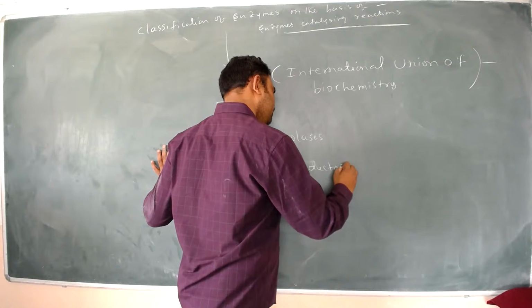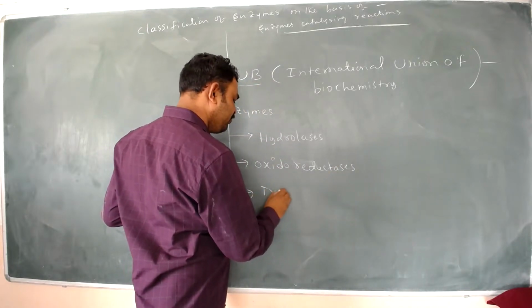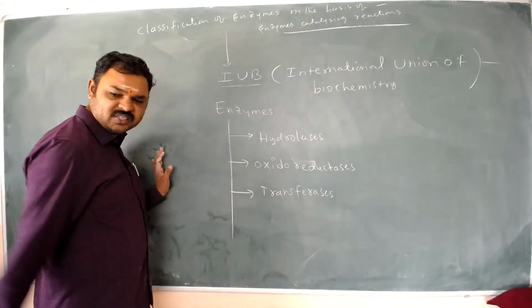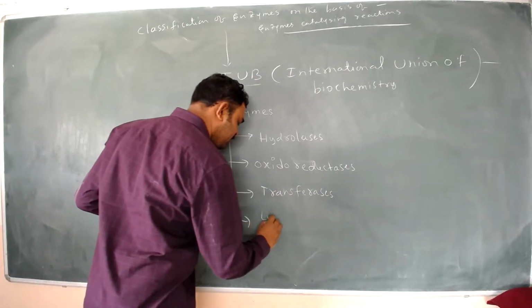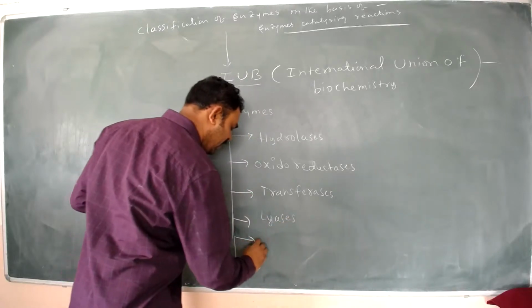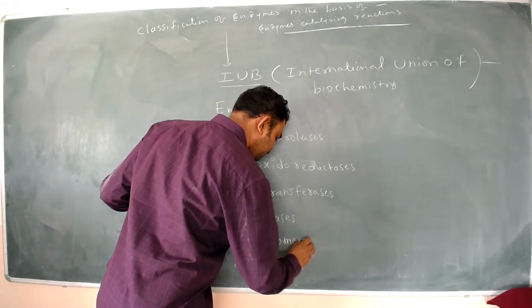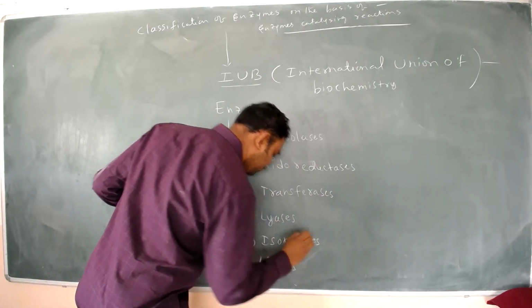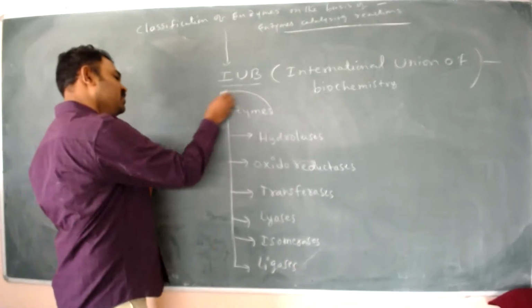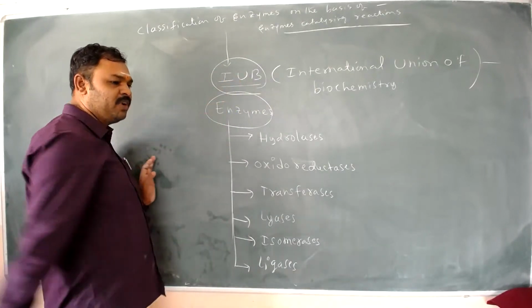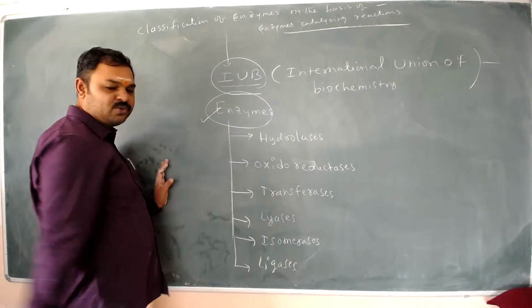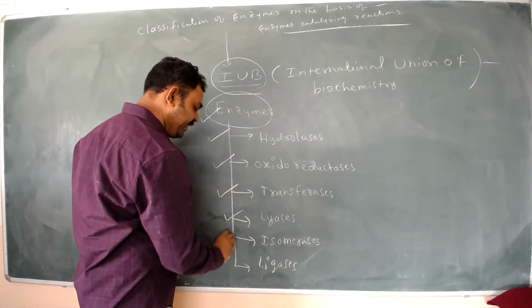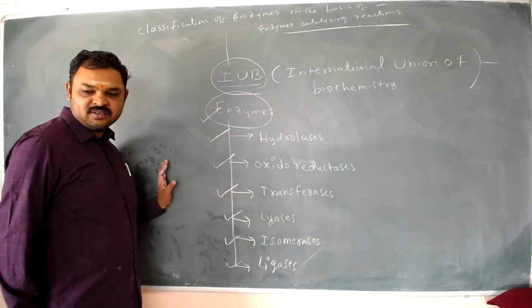Hydrolases, oxidoreductases, transferases, lyases, isomerases, and ligases. These are the 6 classes into which the IUB classified the enzymes.